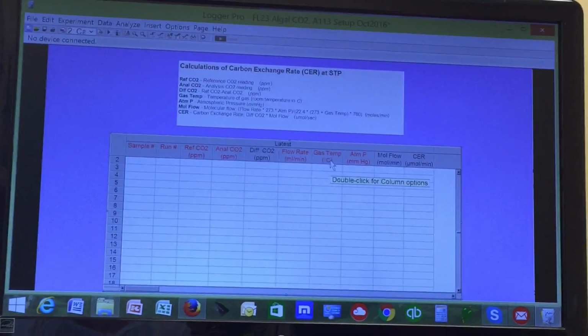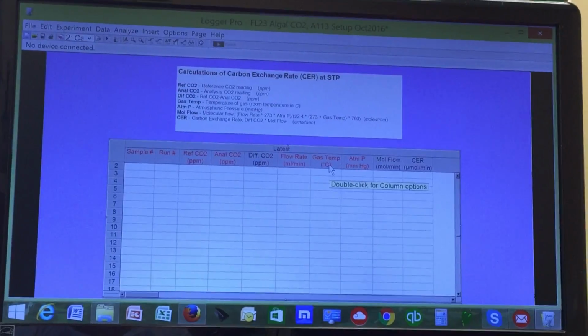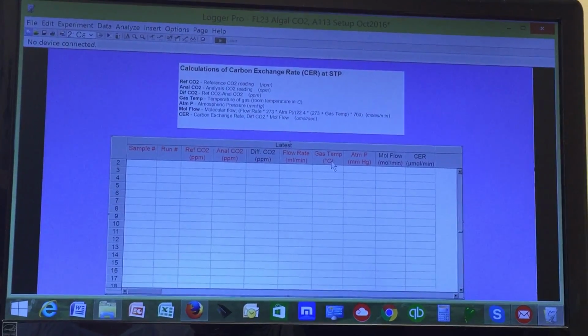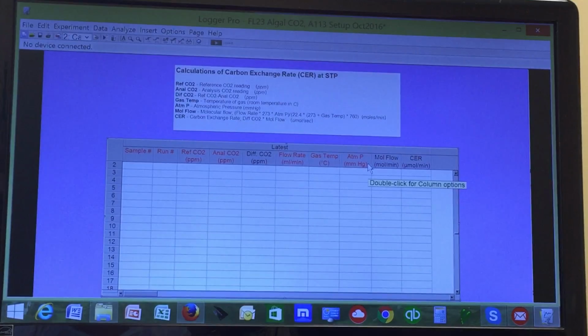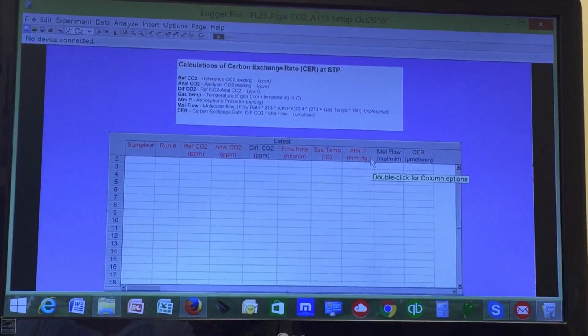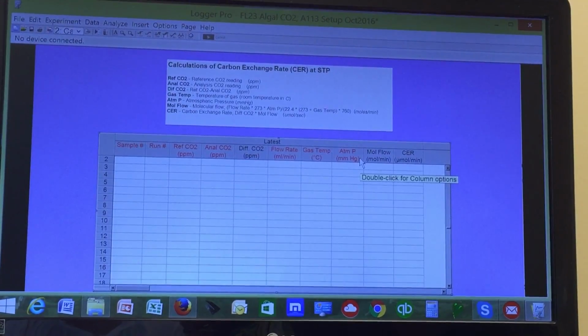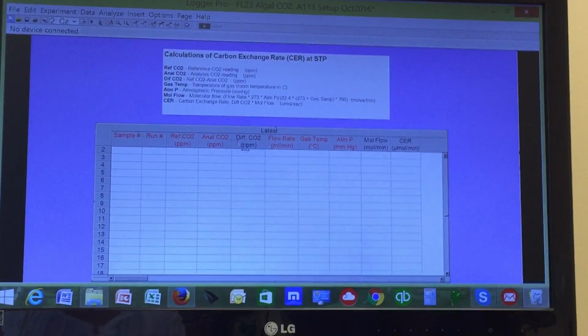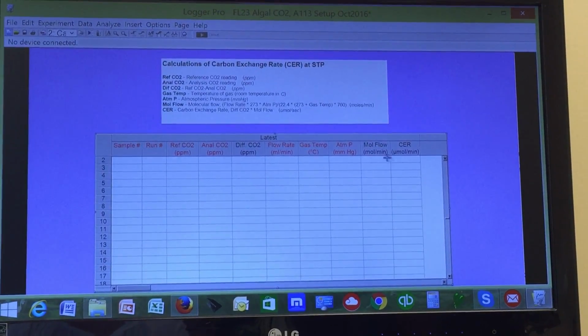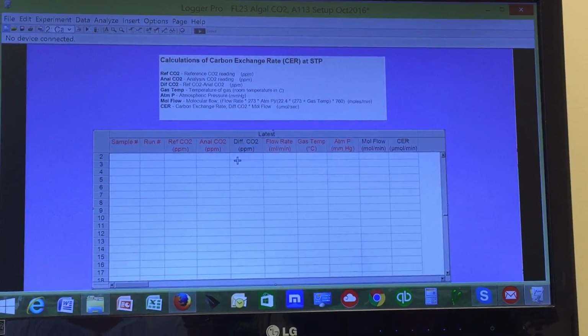Gas temperature, that will be temperature in your room. We don't have a temperature sensor set up here. And atmospheric pressure, you can get an optional pressure sensor if you wish, or you can obtain the atmospheric pressure levels from a local weather station on the internet. Once these data are entered in red columns, the black columns will be automatically populated.